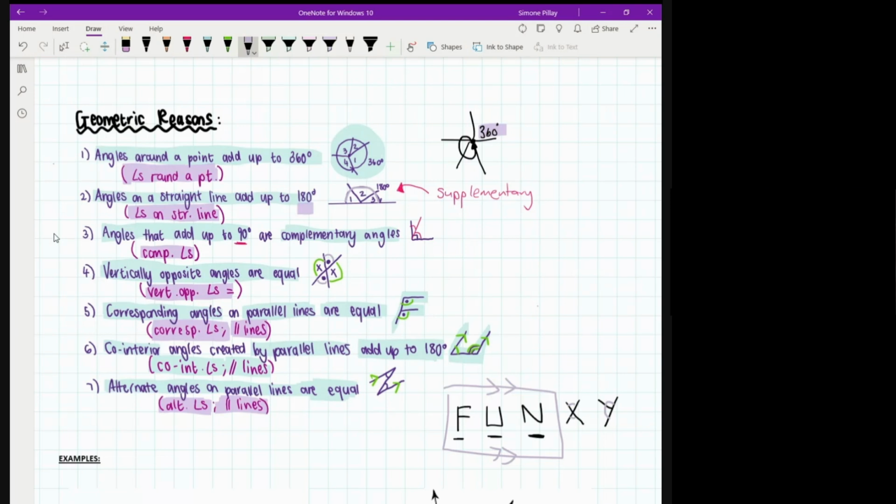Itandile, yes. Good afternoon, ma'am. Don't vertically opposite angles have parallel lines? Because when you make the X, you see it as parallel lines because they intersect in the middle. That's the literal opposite of what parallel lines are.